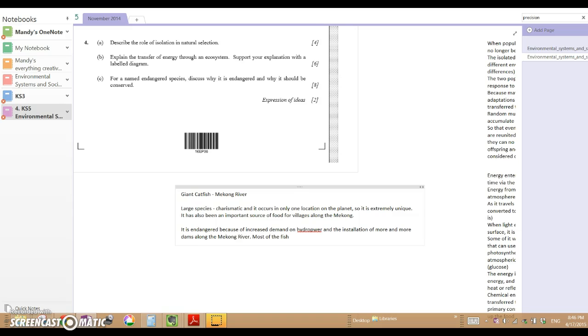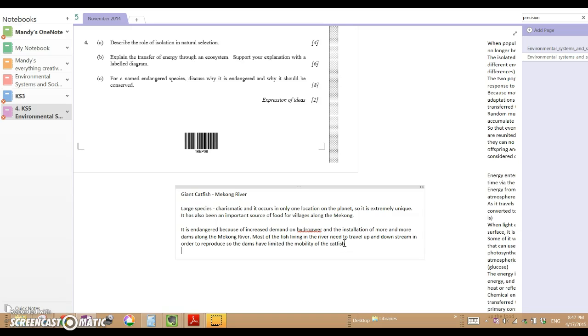Most of the fish living in the river need to travel up and downstream in order to reproduce. So the dams have limited the mobility of the catfish.